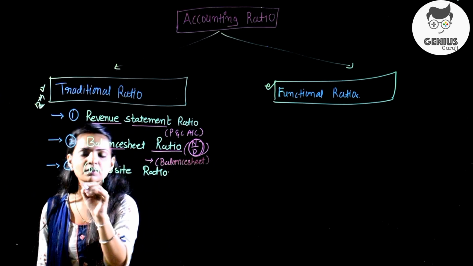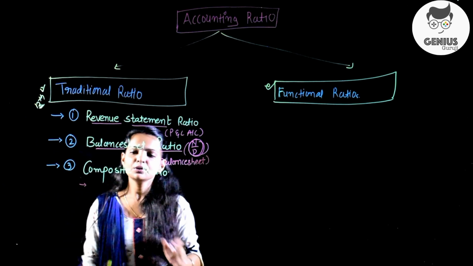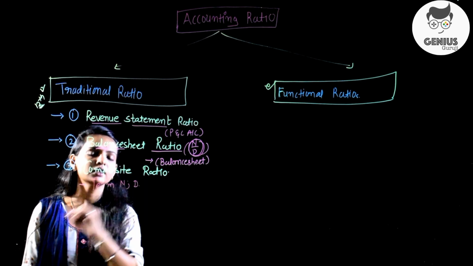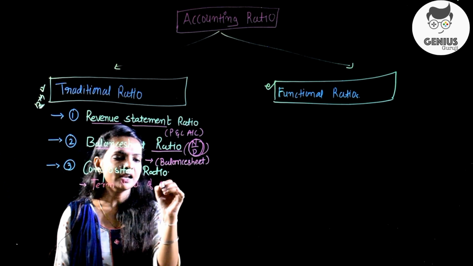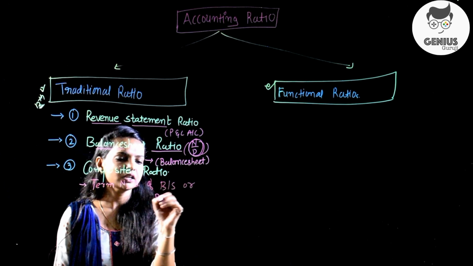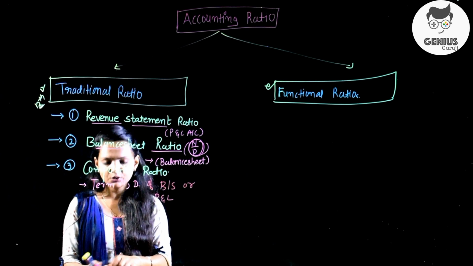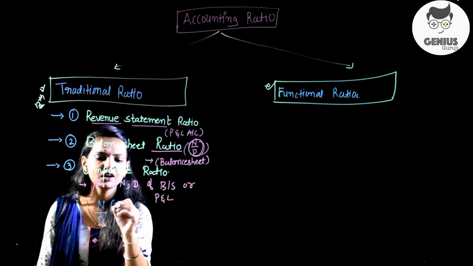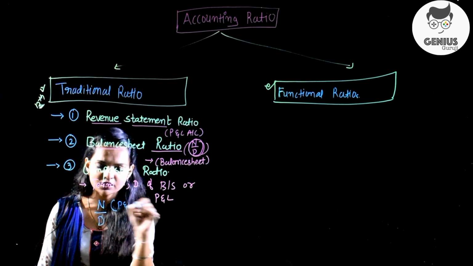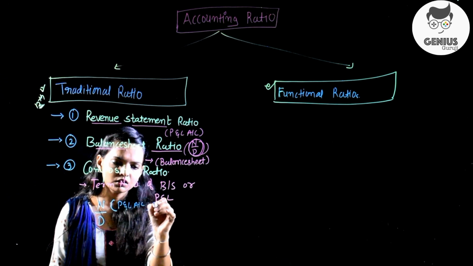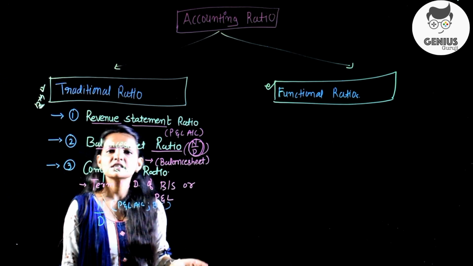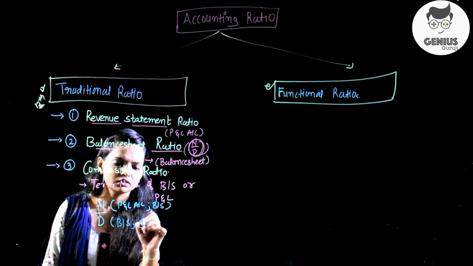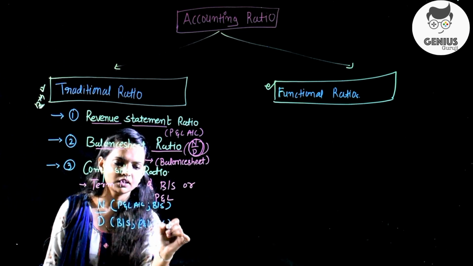Now in the third one, when you are using the numerator or denominator from the balance sheet or P&L account, you can use the data of P&L account as a numerator and data of balance sheet account as a denominator, or the other way around.